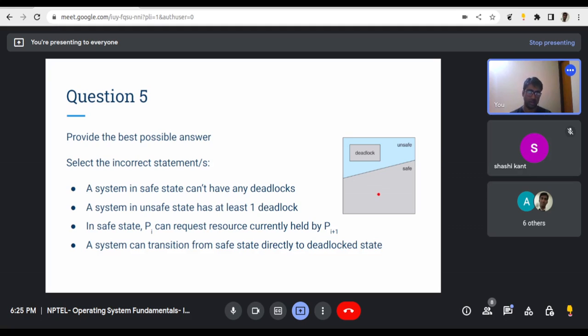Okay, and you know what a safe state is.